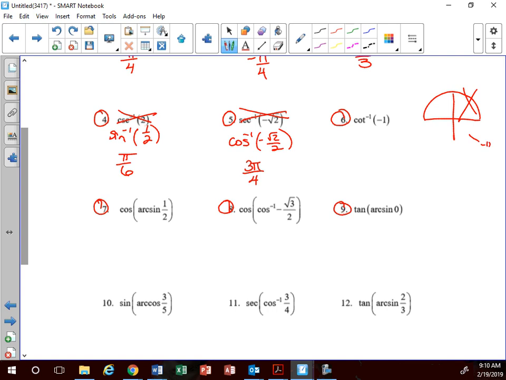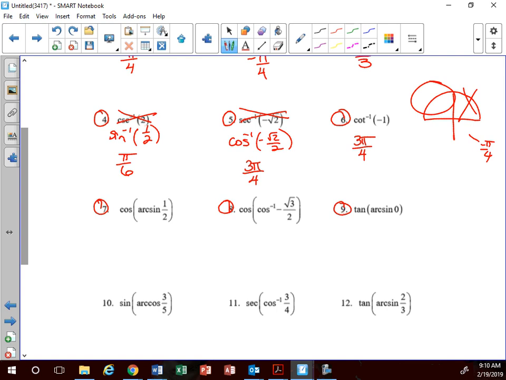Negative pi over 4 is down here. So you're right that it's the over 4. What would that be in the second quadrant? Yeah, there you go. So if it had been inverse tangent of negative 1, that would have been negative pi over 4. Okay?